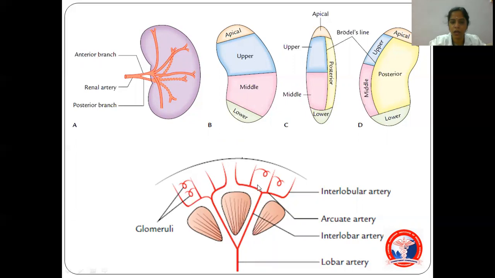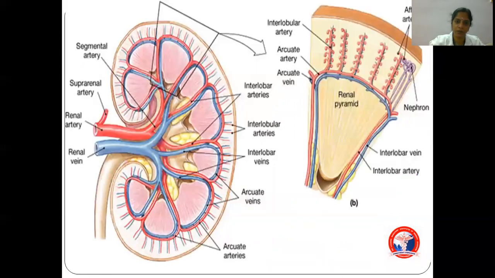This interlobar artery gives an arch-like branch named the arcuate artery. This arcuate artery gives rise to the interlobular artery. From the interlobular artery, the glomerulus arises. Now you have some idea. We'll discuss this in the next slide.